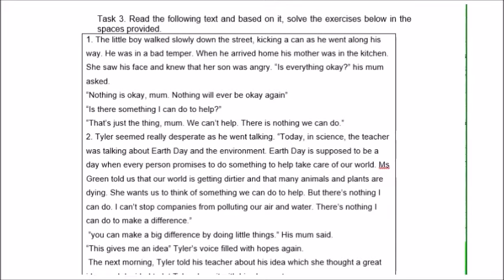She wants us to think of something we can do to help, but there's nothing I can do. I can't stop companies from polluting our air and water. There's nothing I can do to make a difference." "You can make a big difference by doing little things," his mom said. "This gives me an idea." Tyler's voice filled with hope again.